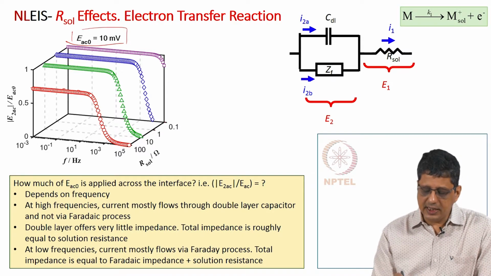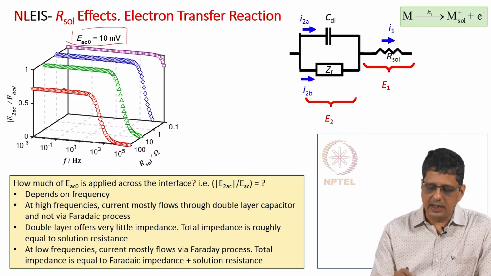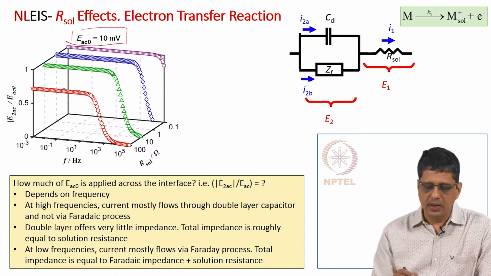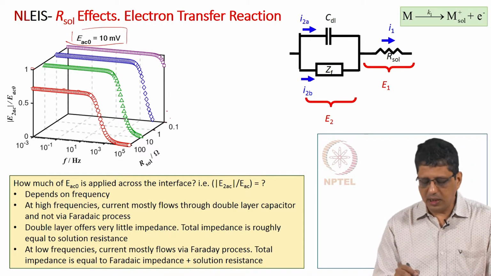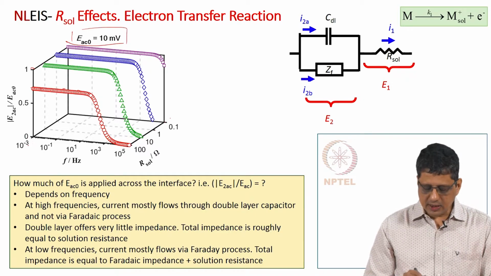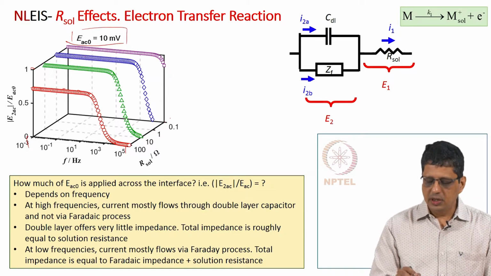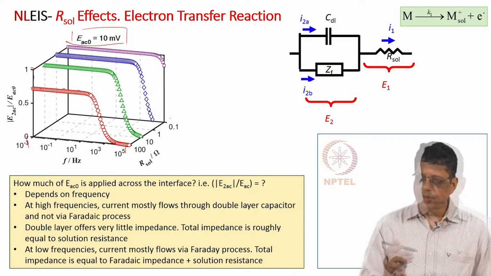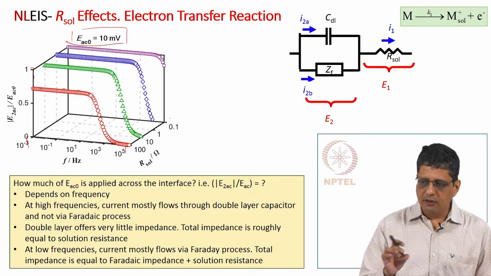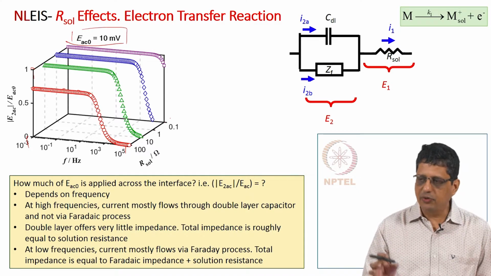At high frequency, it is very small, and at intermediate frequencies, of course, it falls from a high value to a low value, and the ideal value is of course 1. When solution resistance is small, pretty much across this frequency region, it is more or less 1. When solution resistance increases, less and less applied potential falls across the interface and more of it falls across the solution.